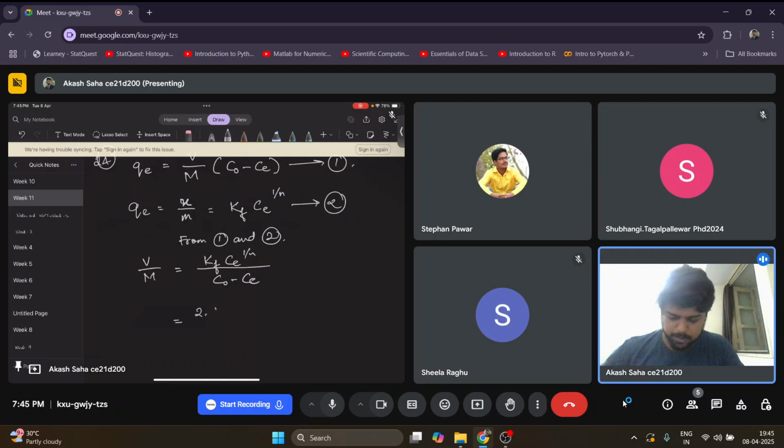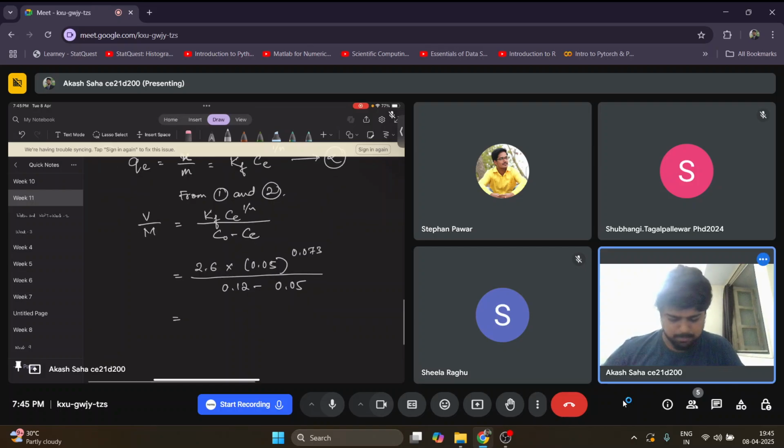Kf is 2.6 into 0.05 to the power 1 by n, that is 0.73, divided by 0.12 minus 0.05. So we will get V by M something around 4.17 liters per gram. Okay, this is what we will get.